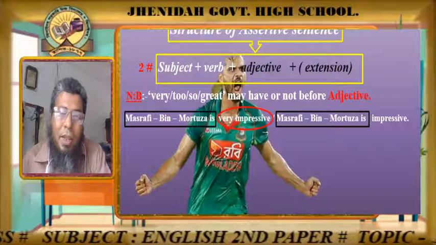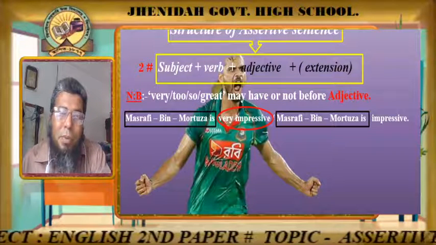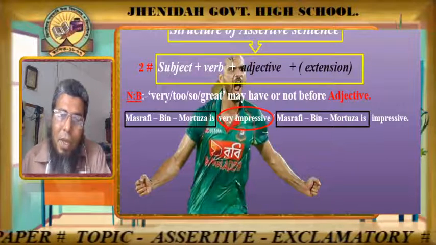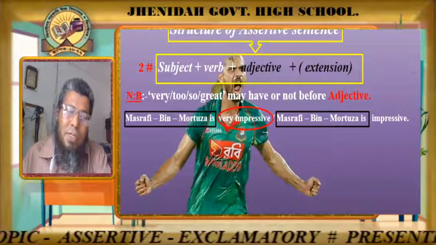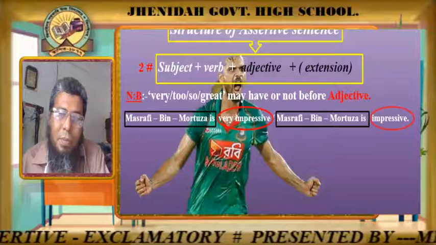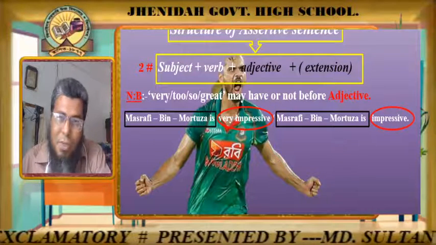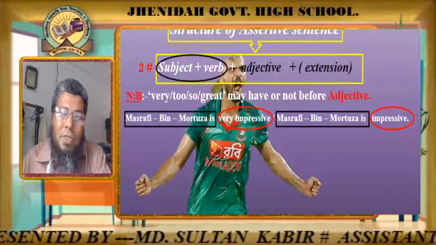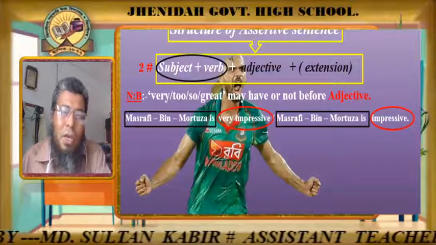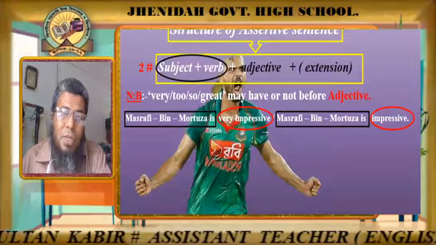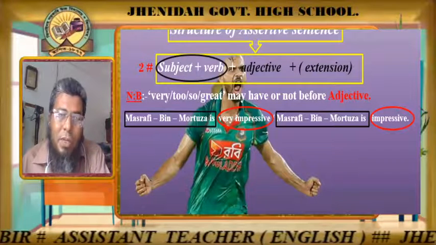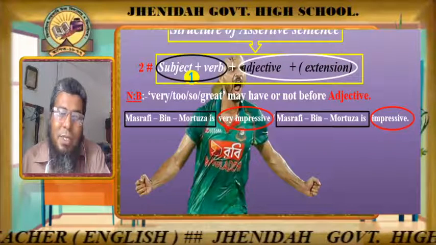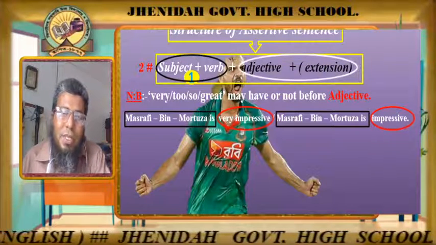In the first sentence, Mashrafi bin Murtuza is the first portion, very impressive is the second portion, and in the second sentence Mashrafi bin Murtuza is the first portion and impressive is the second portion. So this way we can divide an assertive sentence into two portions. The first portion contains subject and verb, and the second portion contains the rest of the sentence, that means adjective plus extension.